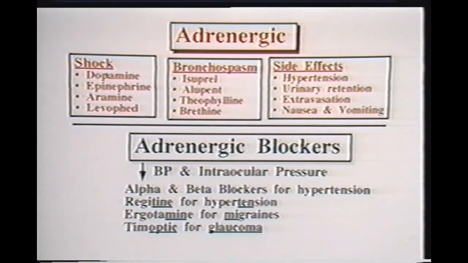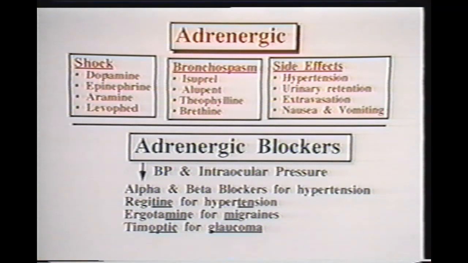So this would be isoproterenol and Alupent and any of the theophylline-related drugs, things like theophylline and Brethine, for instance. Now, all of these drugs have as side effects hypertension, and they can also cause urinary retention, tachycardia, big-time tachycardia, and nausea and vomiting because they slow down the GI tract.